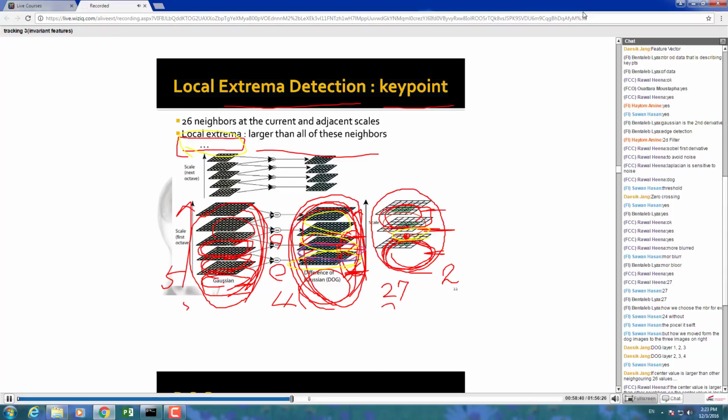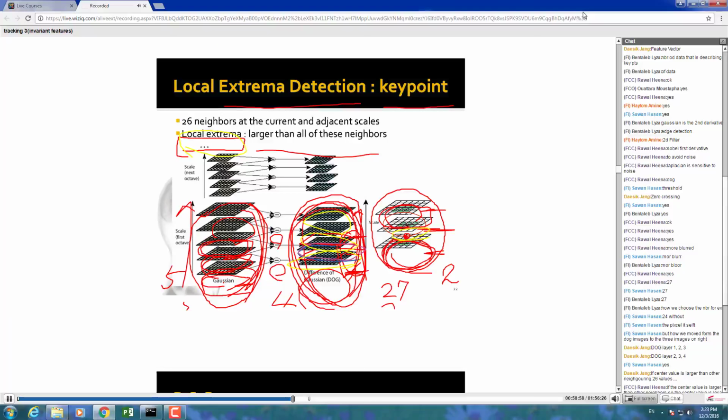It's not a simple task and it takes a long time. But even though it is expensive, the advantage is we can get very strong, very invariant features.